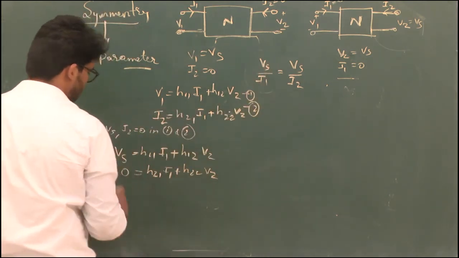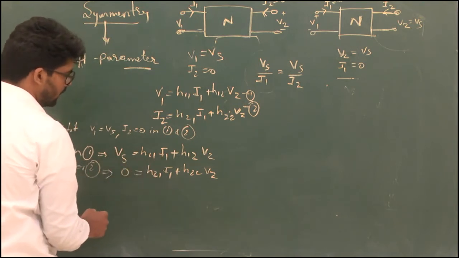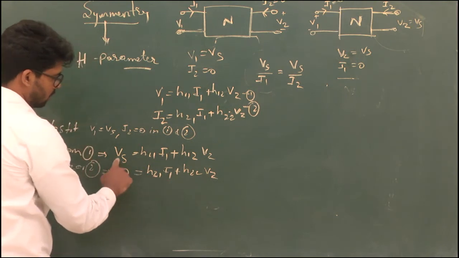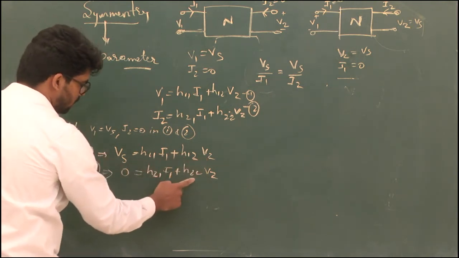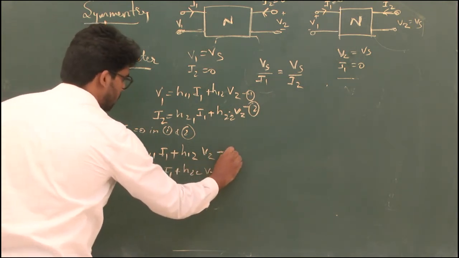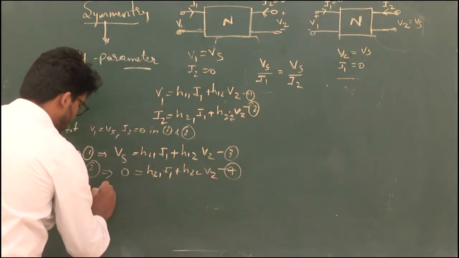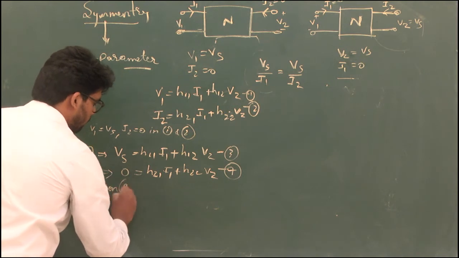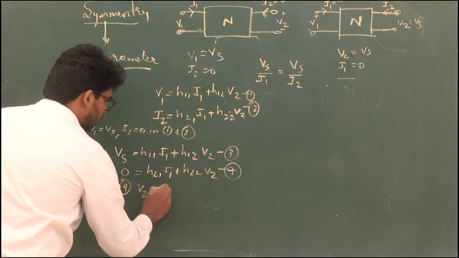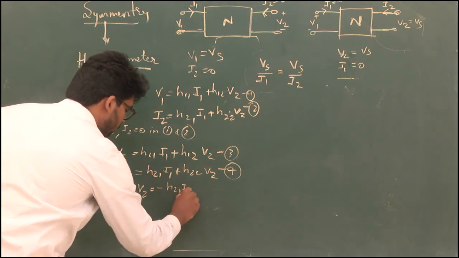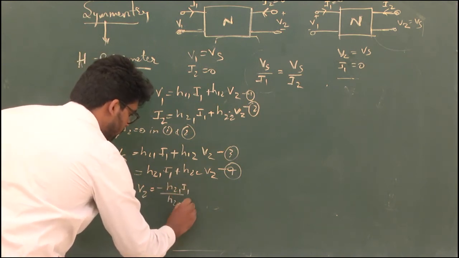So our aim is to get Vs by I1. We need Vs by I1, but in this circuit V2 is extracted. Let us say this is 3 and this is 4. From 4, you have V2 equal to minus H21 I1 by H22.